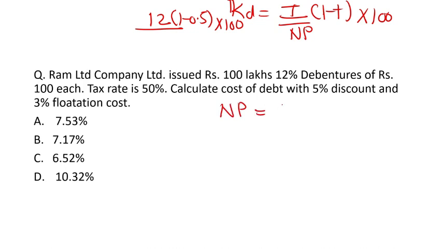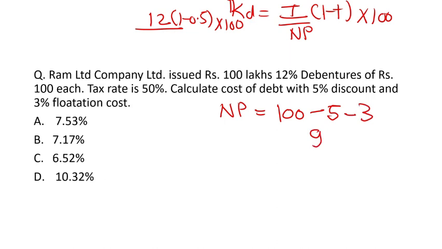Now, whenever debentures are issued at a premium, first of all you should add the value. Whenever the debenture is issued at a discount, you should reduce the value. If issued at par, you don't need to do anything, keep it as it is. So the face value of the debenture is 100, the rate of discount is 5, and the flotation cost is 3.